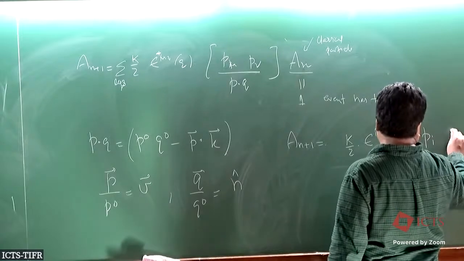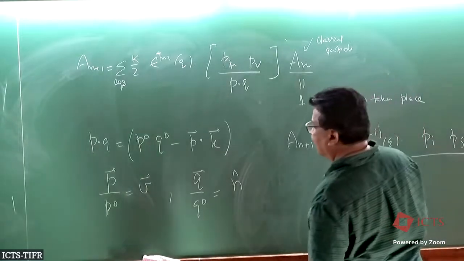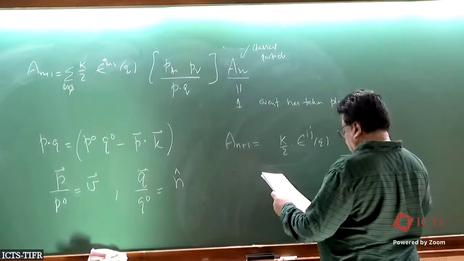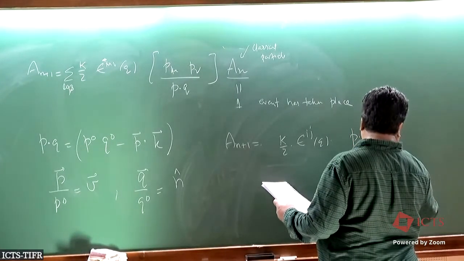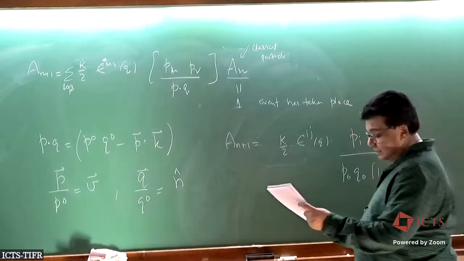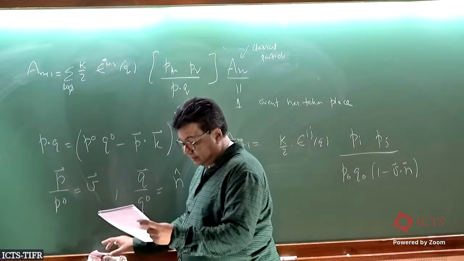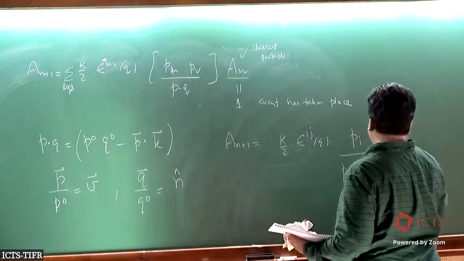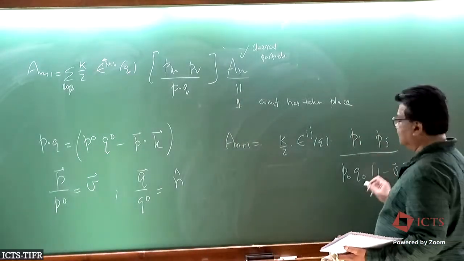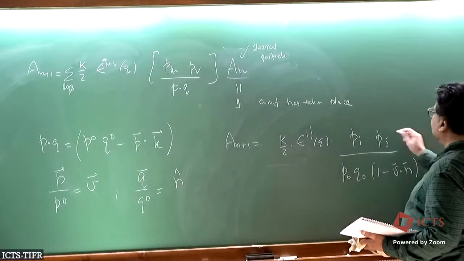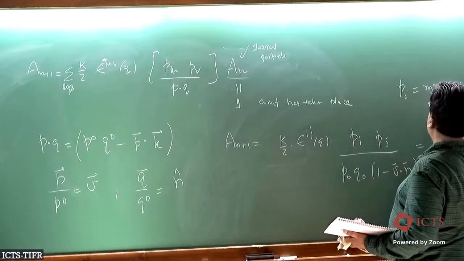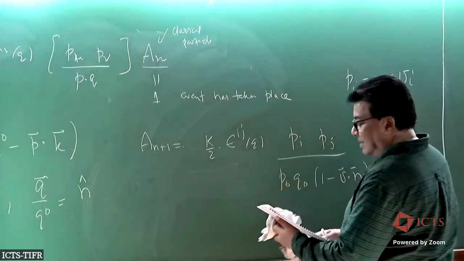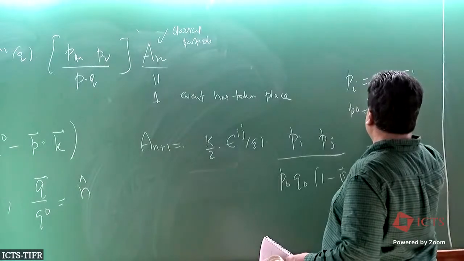This is pi pj divided by, so let me write down, and this pi pj I will write as, so pi I will write as m gamma vi, and similarly pj, and p0 is m gamma.